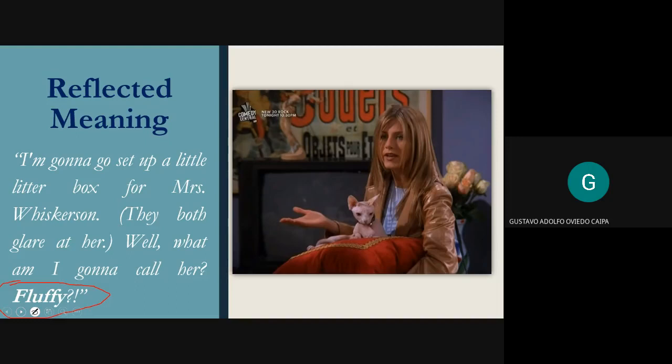So she has to go for a very weird name, Mrs. Whiskerson. That's why Joey and Ross look at her so weird, because that's such a super fancy name. But she cannot go with Fluffy or a more normal name because, well, the cat is not precisely friendly for those names. So that would be reflected meaning.